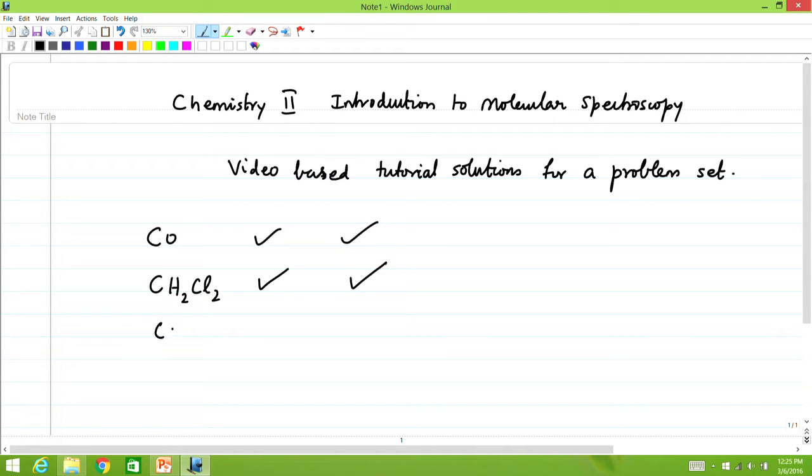Carbon dioxide, which is the third one. Carbon dioxide does not have a permanent dipole moment in its equilibrium geometry or in its zero point vibrations. Therefore, it does not have a microwave spectrum, but it has two motions, the bending degrees of freedom and the asymmetric stretch.